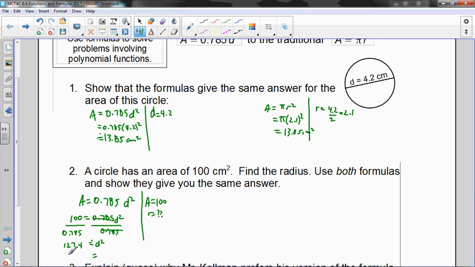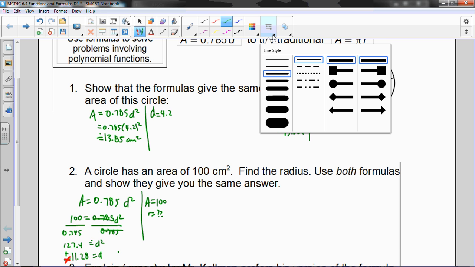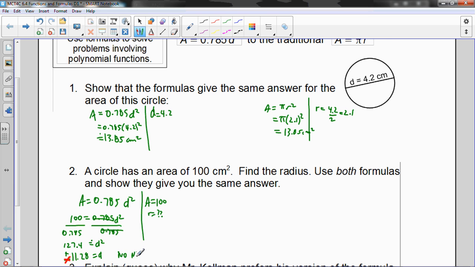This should be positive and negative square root of that, which is around 11.28. But in this case, we know a diameter can't be negative. So we dismiss the negative value. Okay, that doesn't make sense for a diameter to be negative. So we stick with the positive one only. Okay, no negatives allowed.